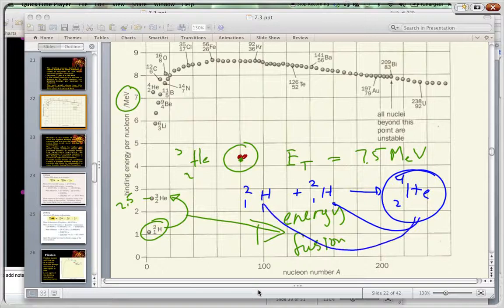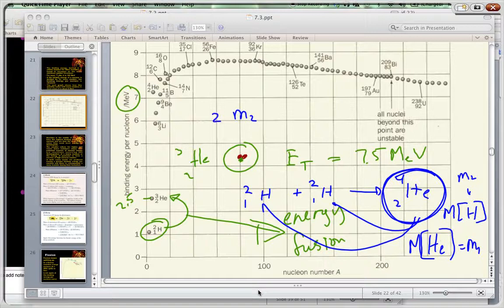If I took the mass of the He, and I call that M1, and if I took the mass of your H over there, and I called that M2, then if I took 2 M2, because there were 2 of them, and I subtracted my M1, I would get some mass.